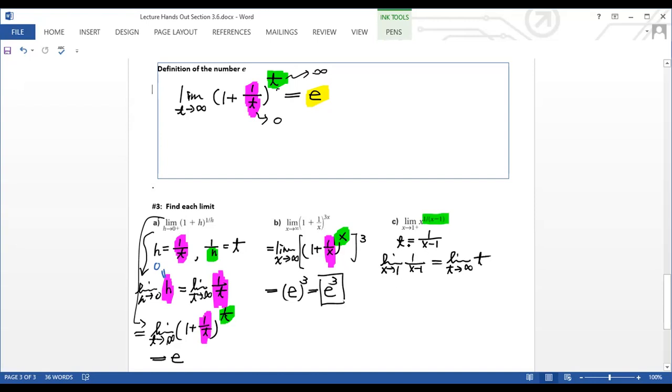Now t is equal to 1 over x minus 1. Since t equals 1 over x minus 1, you flip it: 1 over t is equal to x minus 1.